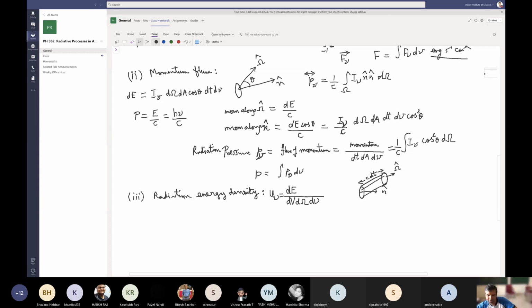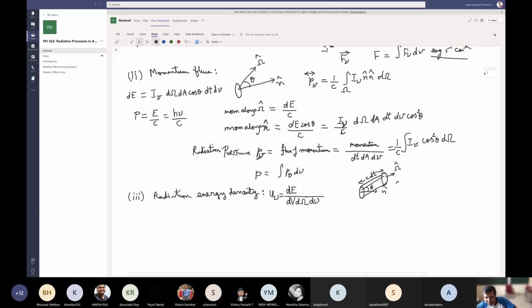They are moving freely at c, so they cross a distance c dt, and this angle is angle theta again. Now, this is energy crossing this volume per unit solid angle. This is only considering photons going in this particular direction, not in any other direction at this point.